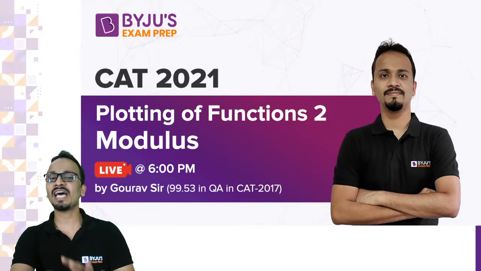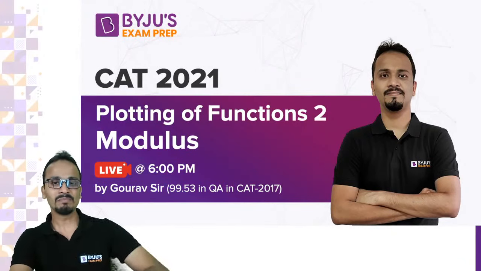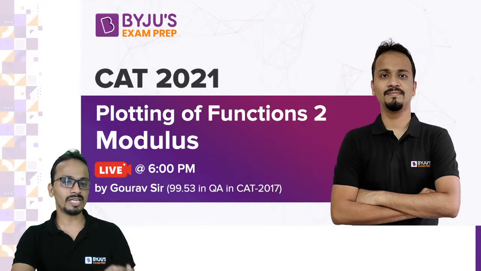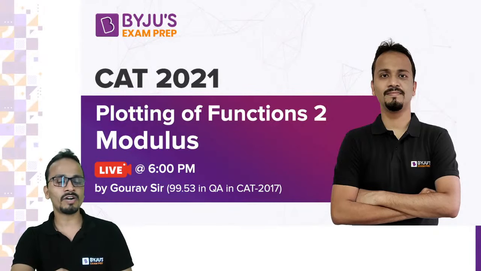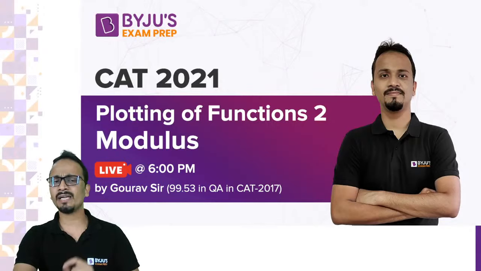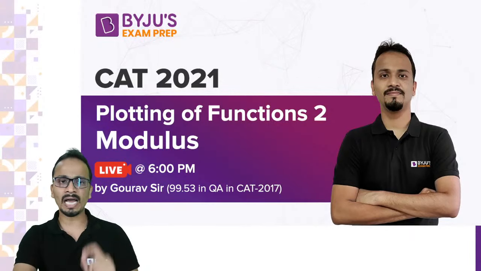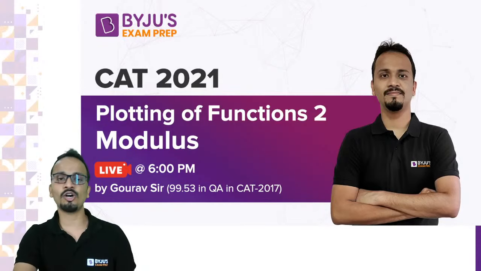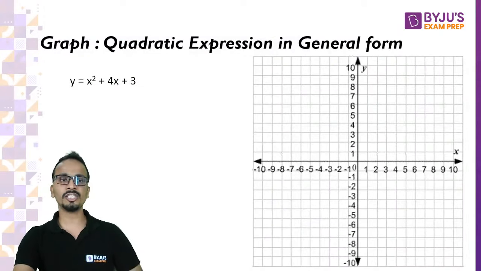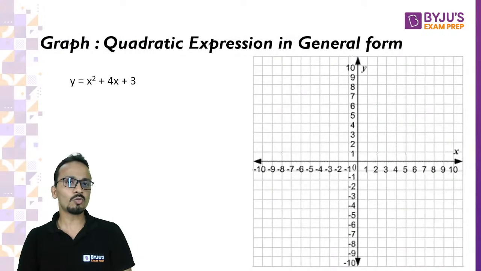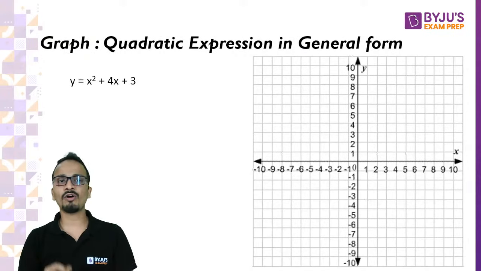In case anyone has not seen yesterday's lecture, please go to it. It was called Plotting of Functions number 1, and we learned how to plot linear and quadratic functions and, in general, the shifting of graphs. So let's start with plotting the graph of a quadratic expression which is given in general form.